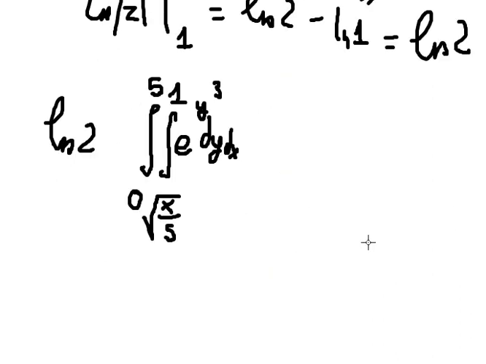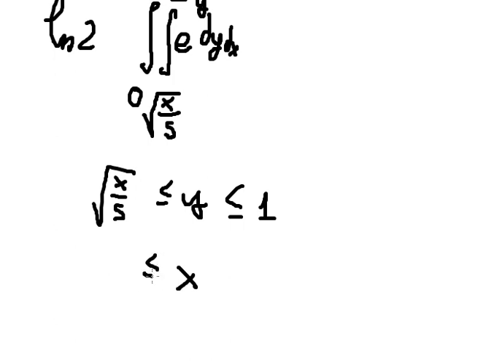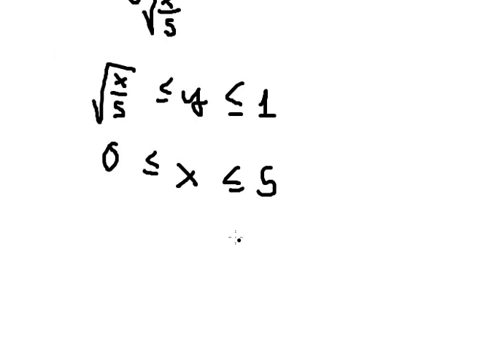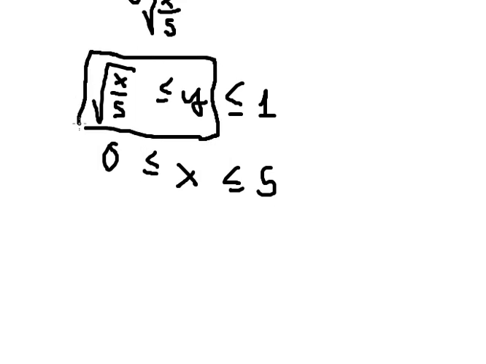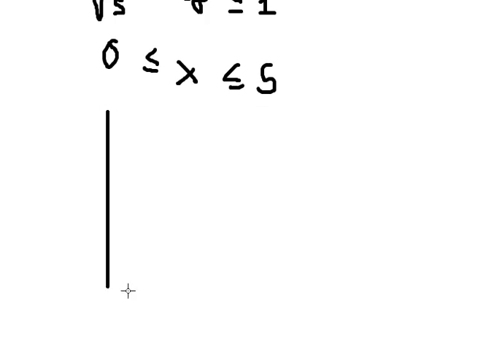So about dy, so y between the square root of s over number 5 and number 1, ds from 0 to number 5. And now we need to graph y equals the square root of s over number 5. So that should be like this.